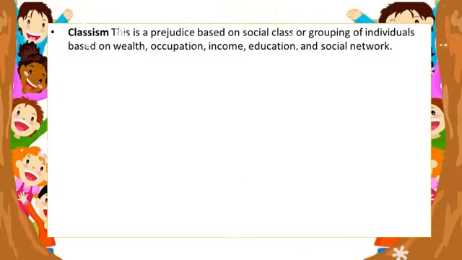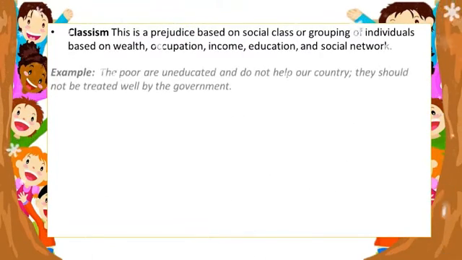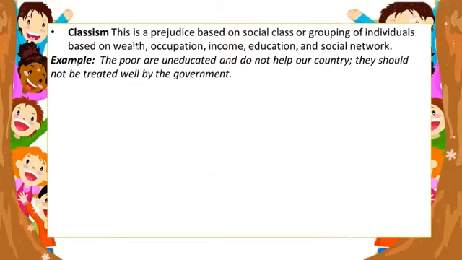Okay, next we have classism. This is a prejudice based on social class or grouping of individuals based on wealth, occupation, income, education, and social network. Example: the poor are uneducated and do not help our country. They should not be treated well by the government. That is classism.